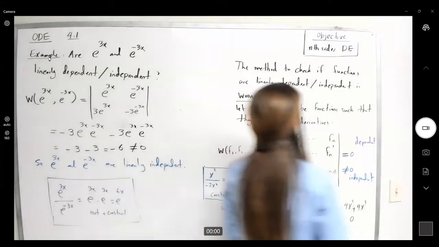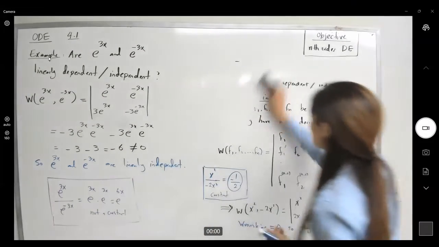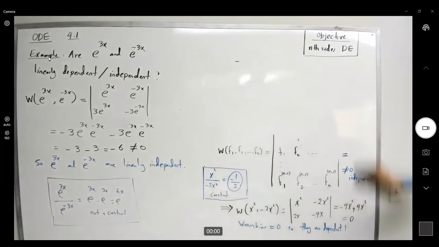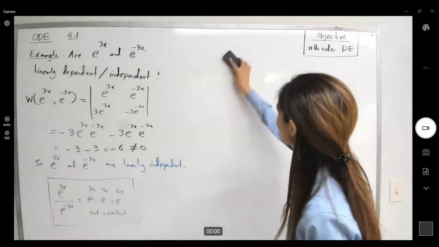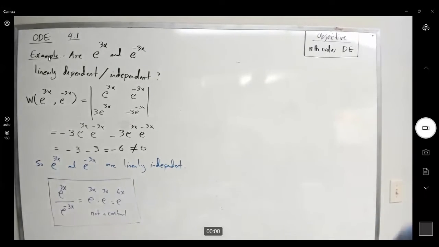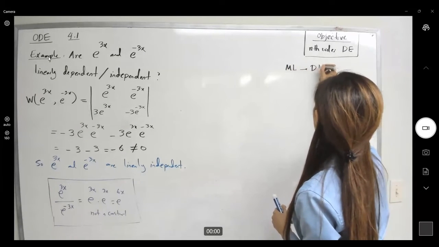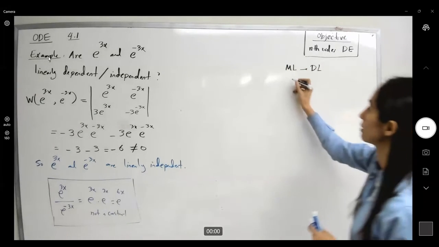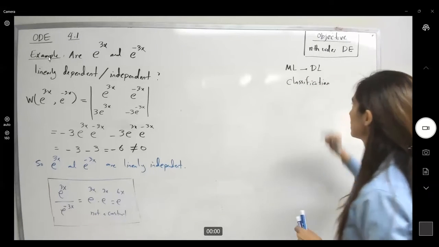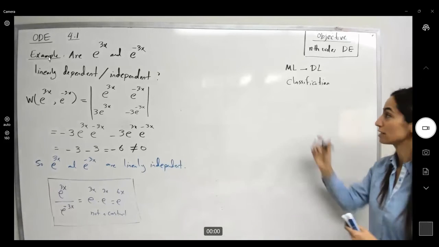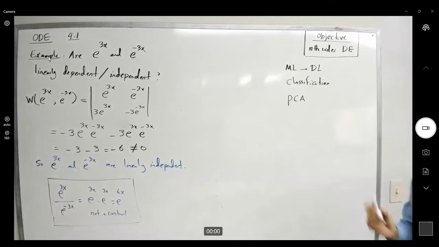Remember that if you have taken linear algebra, or if you would like to take linear algebra, or if you have taken some machine learning courses and are familiar with this: in machine learning and deep learning, one of the goals is to do classification. One of the very famous methods is PCA, principal component analysis.